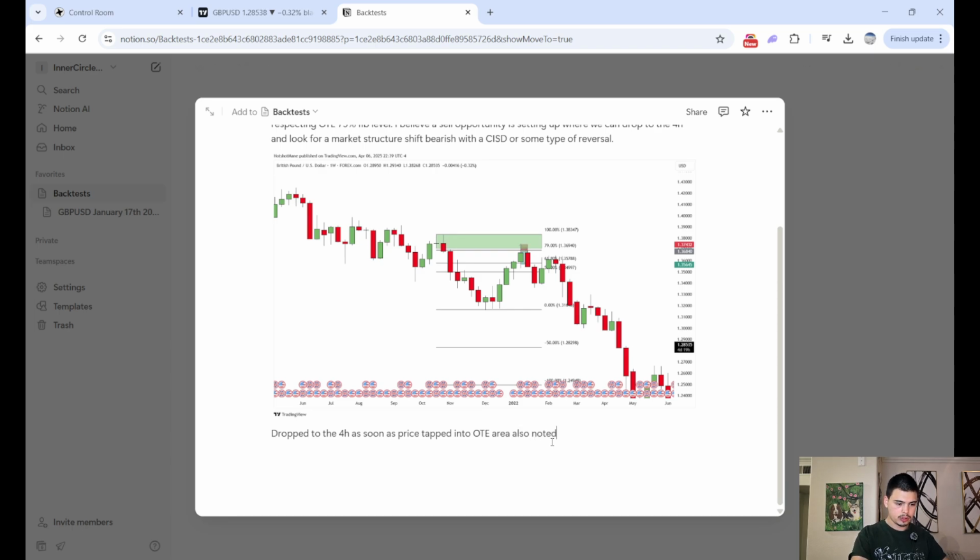Also noticed on the weekly time frame that price was respecting a bearish fair value gap, order block, and OTE. This is when we dropped to 4-hour time frame to look for entry.